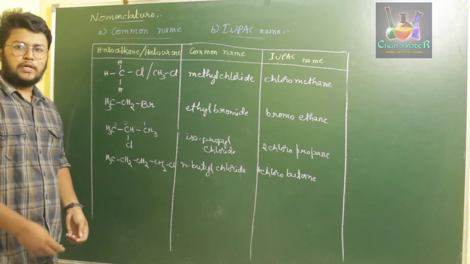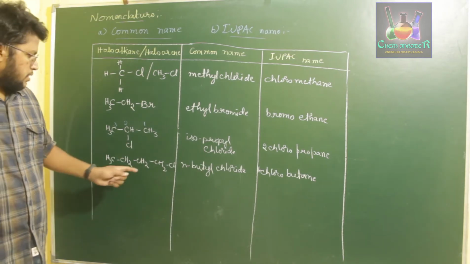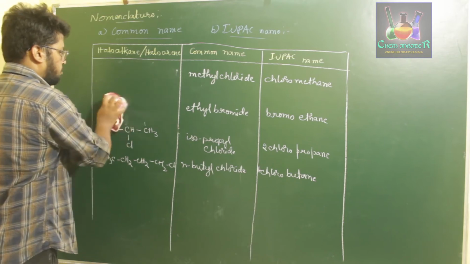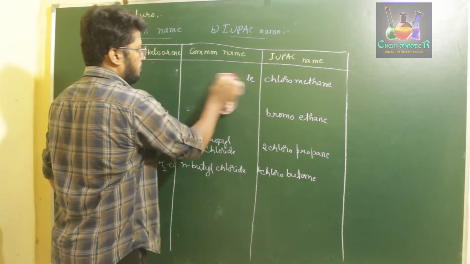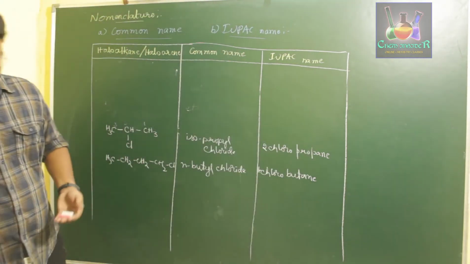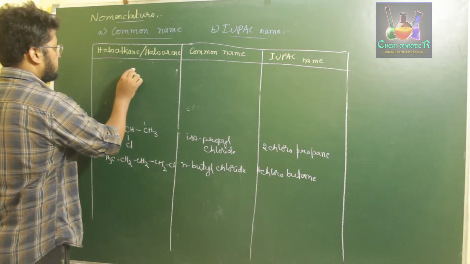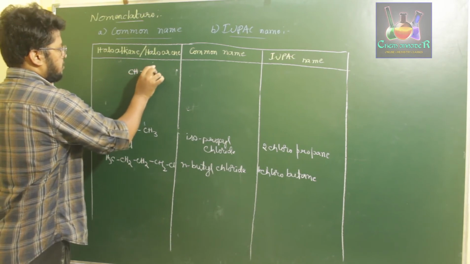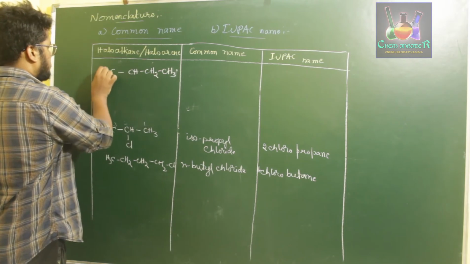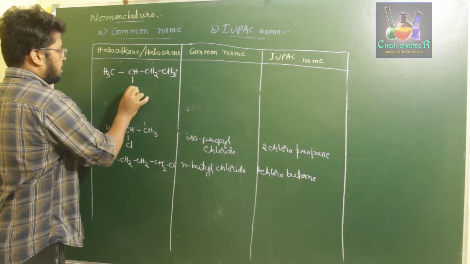Next, for one more example of this similar compound, let us say we have placed our chlorine group in a different position. Like this, CH, CH2, CH3, CH3 and Cl.